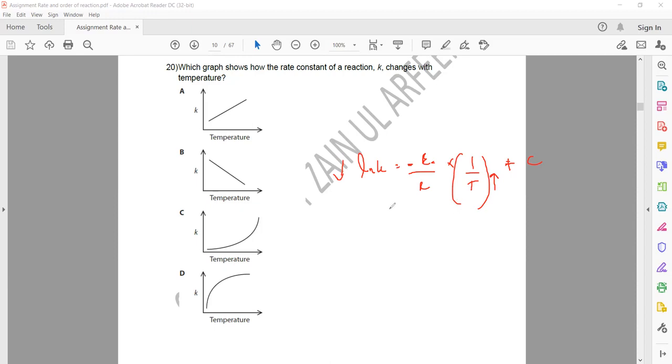If we ask what is the relation between ln k and T, the value of ln k decreases as 1 over T increases. And how does 1 over T increase? If we decrease the value of T, because if I take a smaller value of T, 1 over T will increase, so ln k will decrease. Is it clear?